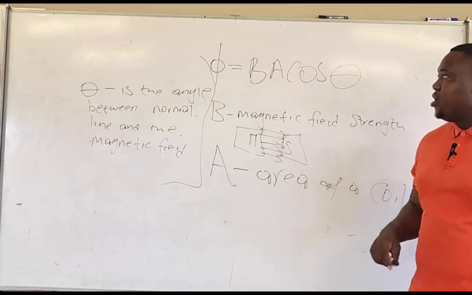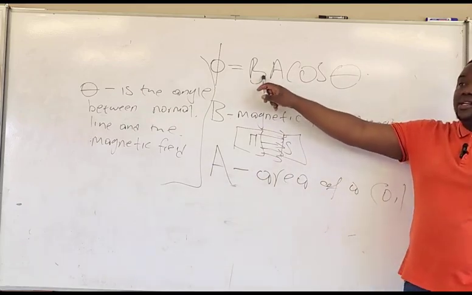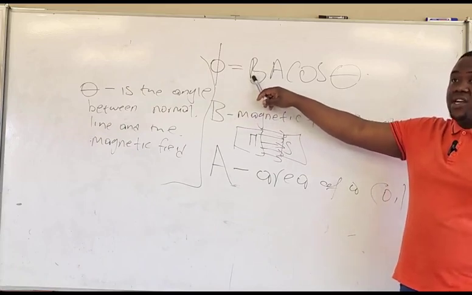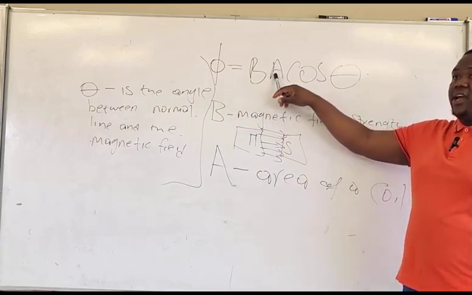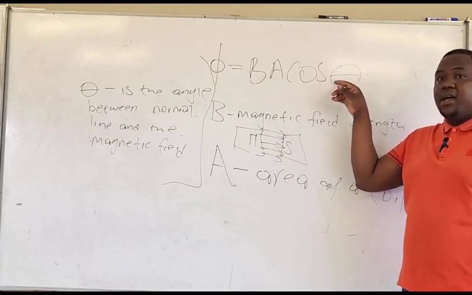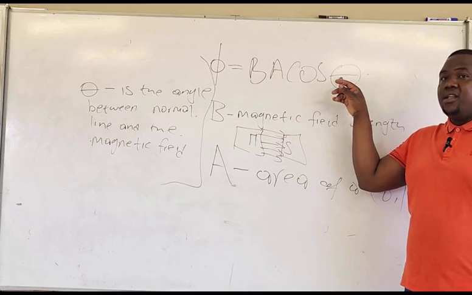So I've just demonstrated that B is the magnetic field strength, A is the area, and theta is the angle between the normal line and the magnetic field.